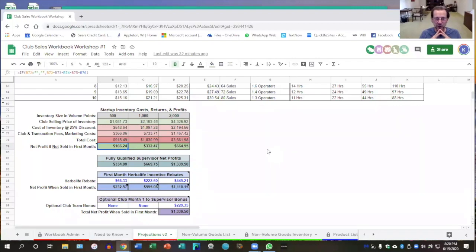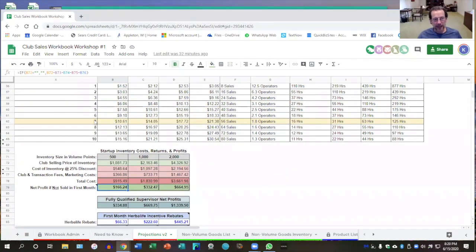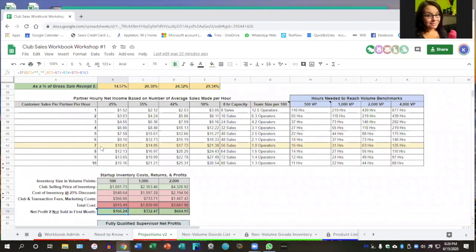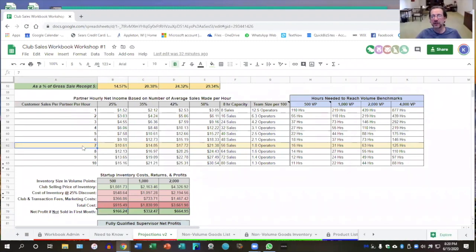That's what's going to go in your pocket. Okay? Got it, Susie? Now, let's look at how long it will take you to sell that. You guys want to go up to this table. So Susie, at 7, averaging 7 an hour, you'll sell that inventory in 16 hours.